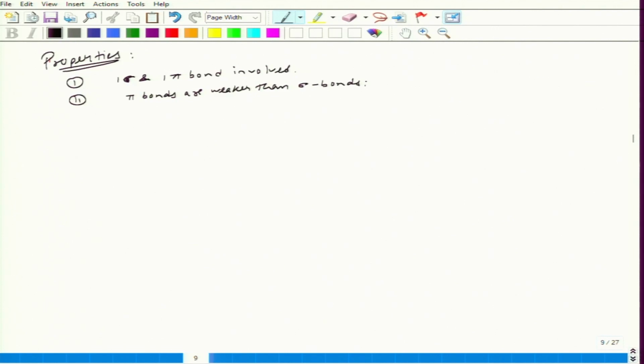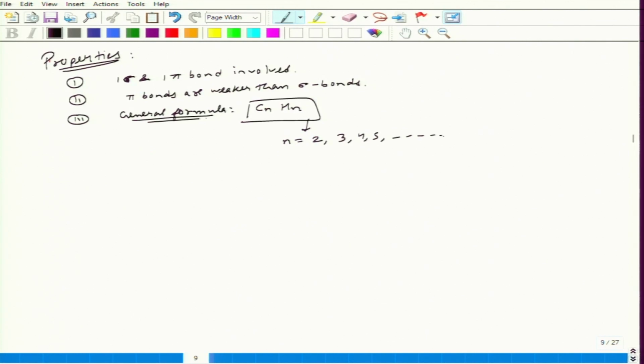I have already mentioned the bond energies of these. Third, let's talk about the general formula. Alkane has a general formula of CnH2n+2, but there is only a C single bond C. Alkenes have a general formula of CnH2n. n can start from 2, 3, 4, 5. Remember, n can't be 1 here.